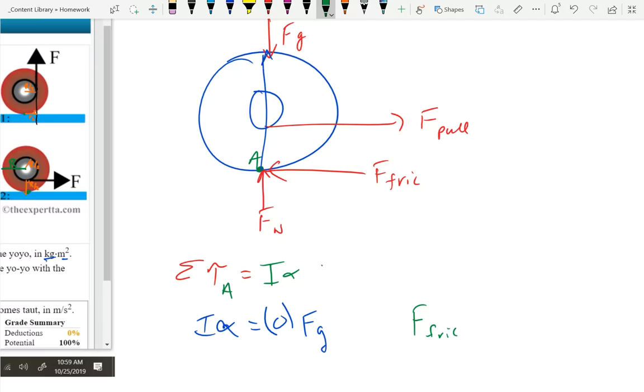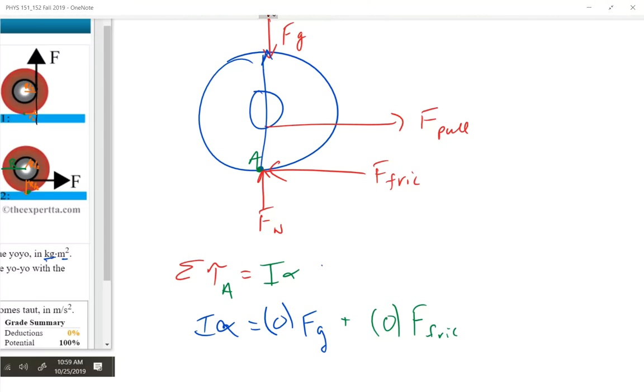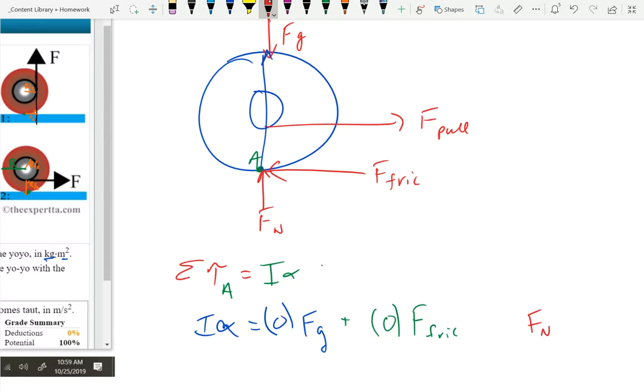What is the perpendicular distance from point A to the line for force of friction? 0. So I'm going to have 0 again for the perpendicular distance. All right, Jenna, choose a third force. Force normal. And Jenna, what is the perpendicular distance from point A to where the force normal acts? 0.